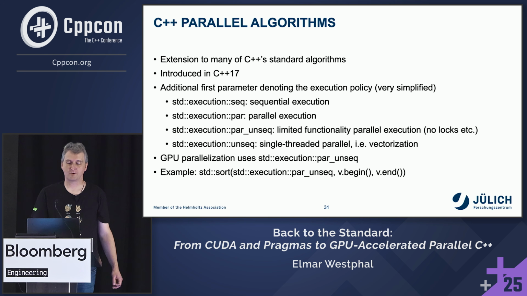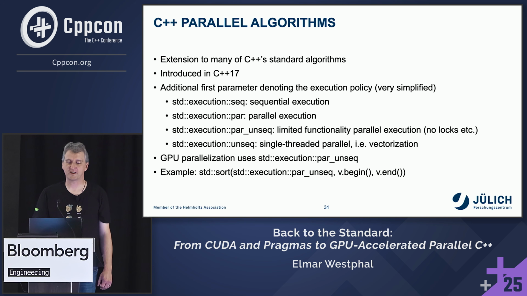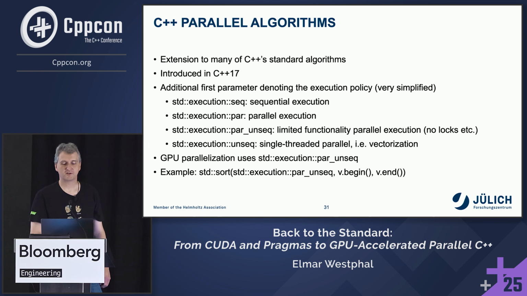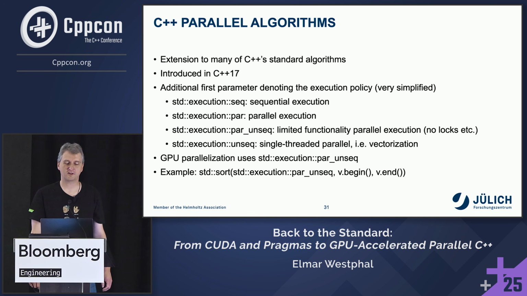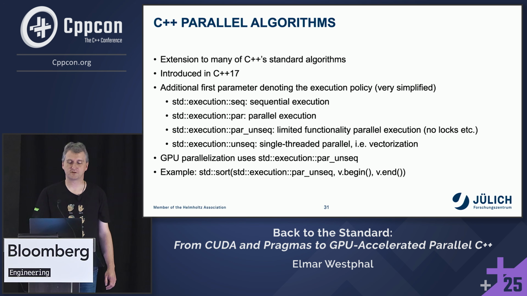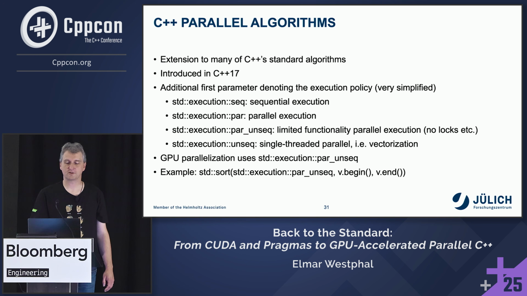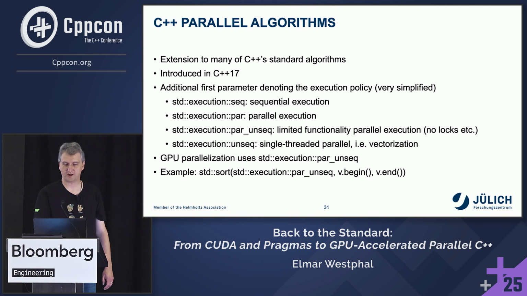And that's why we need the par_unseq execution policy here. As a short example, if you want to put your sort algorithm on GPU, if supported for the data that you have, you just insert the std::execution::par_unseq as first parameter, and that's all you need to change.